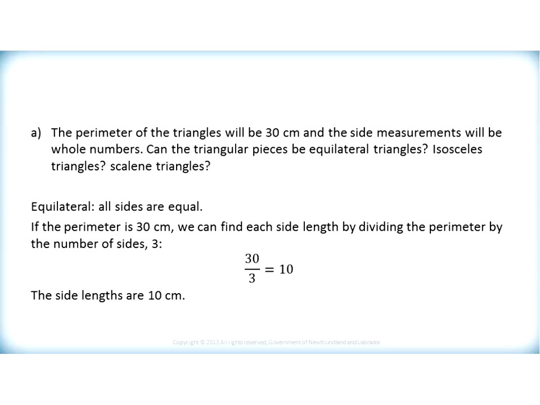There's only one way to draw an equilateral triangle with a perimeter of 30 centimeters, and that's with a triangle with side lengths of 10 centimeters each. So sure, an equilateral triangle can have a perimeter of 30 centimeters.